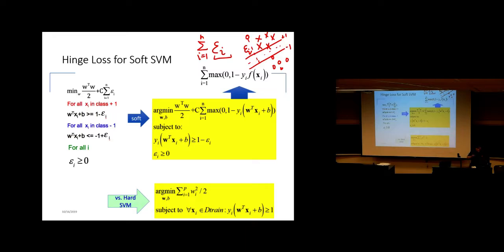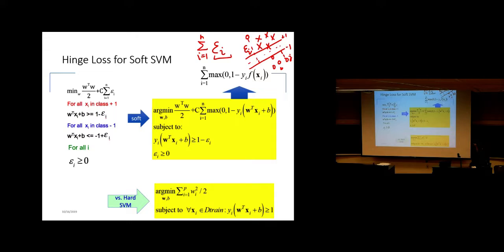And there's another point j, and the point j is predicted correctly. Should this point contribute error in this formulation or not? Of course not, right? So I can't just directly say it's the summation of epsilon i, and only the wrong points should contribute the distance.